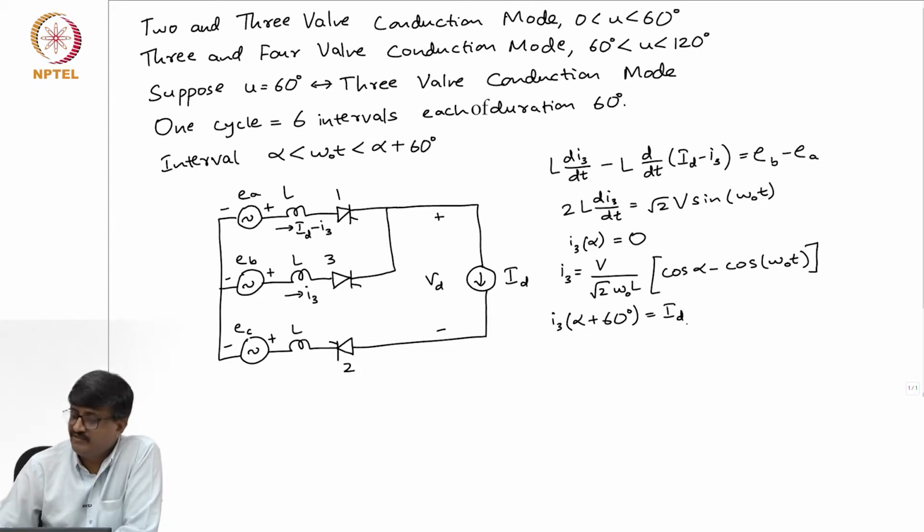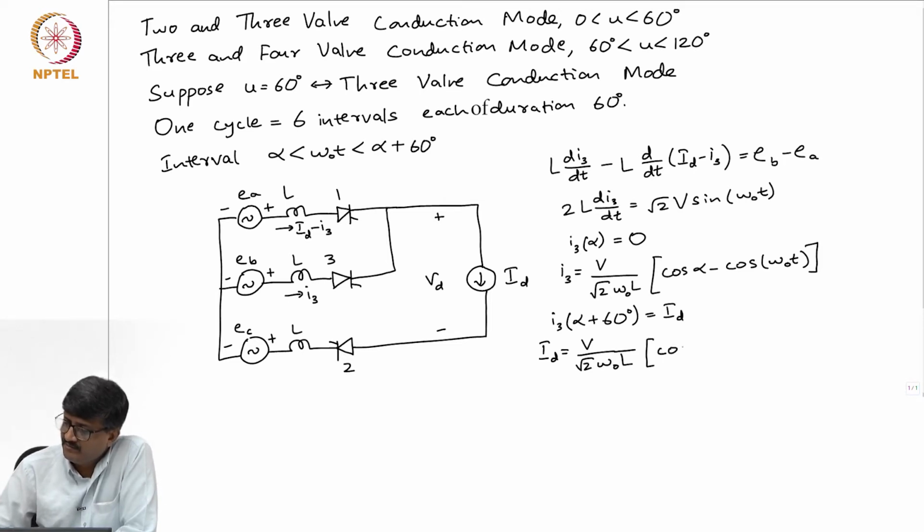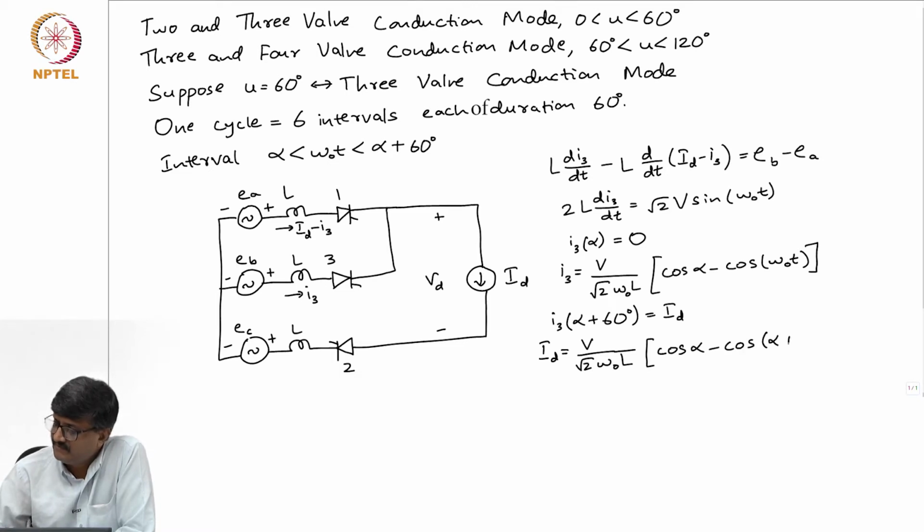If I substitute omega t equal to alpha plus 60 degrees on the right hand side of the previous equation and I3 equal to ID, then I get ID is equal to V by root 2 omega L into (cos alpha minus cos (alpha plus 60 degrees)).